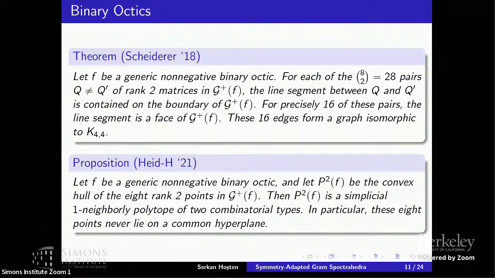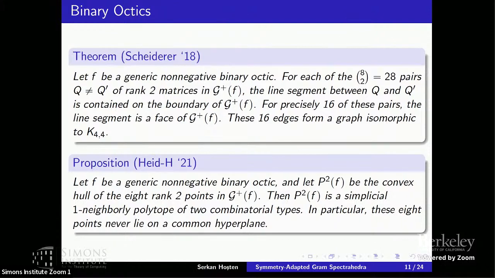It's 1-neighborly, meaning every vertex is connected to any other vertex through an edge. There could be many combinatorial types of this polytope, but in this particular case there are only 2 combinatorial types. In particular, as opposed to the earlier sextic case, you can never make those 8 vertices lie on a hyperplane.